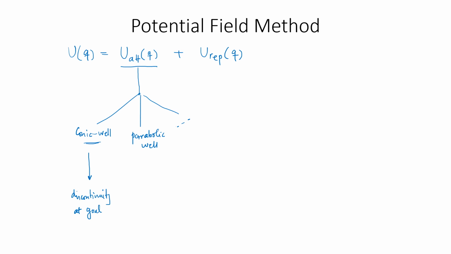So we explored another possibility that was parabolic well potential, and in that as well there were certain benefits, but there was one problem with that: it grows unbounded when away from goal.